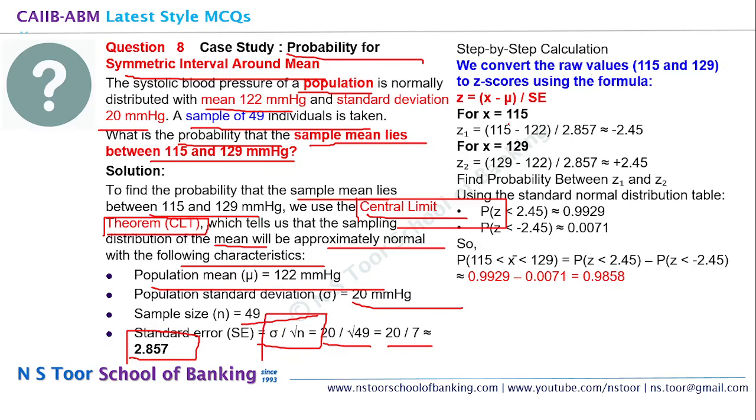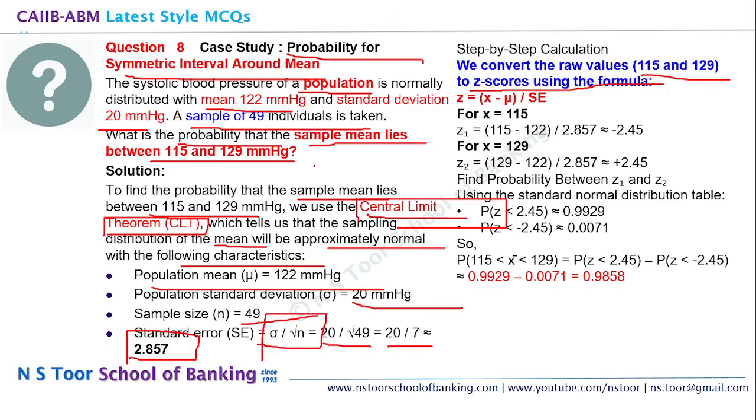115 and 129. So we convert the raw values, 115 and 129, to Z scores by using the formula. The range given, 115 and 129, we have to convert into Z scores, because only then will we be able to get the Z values.